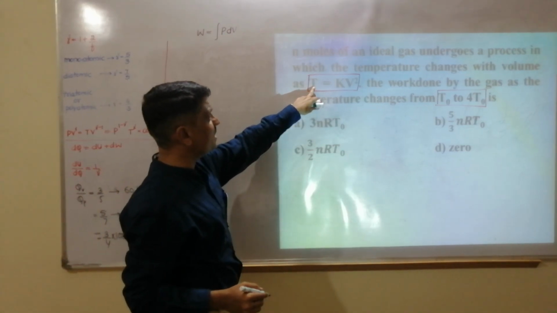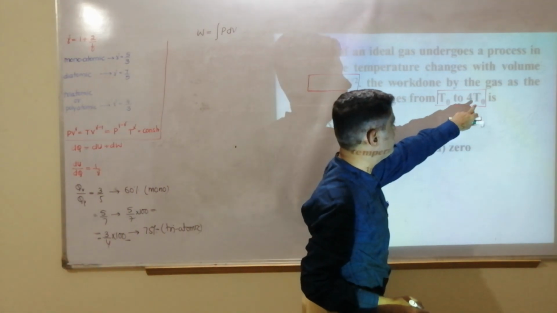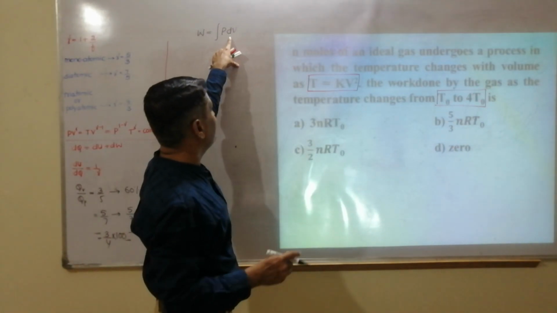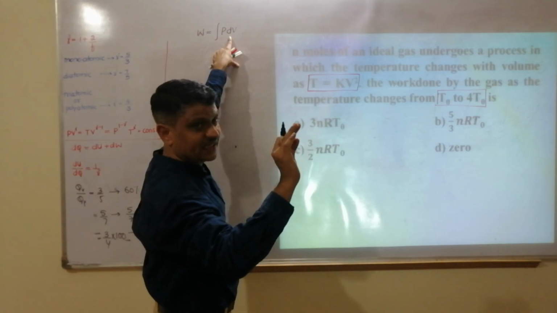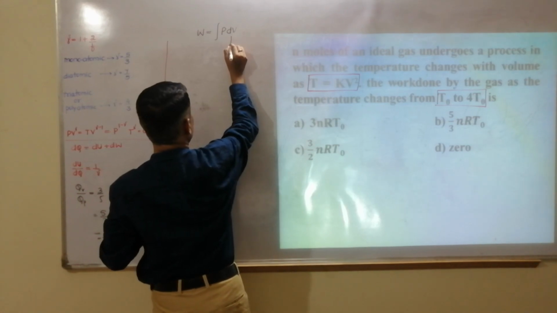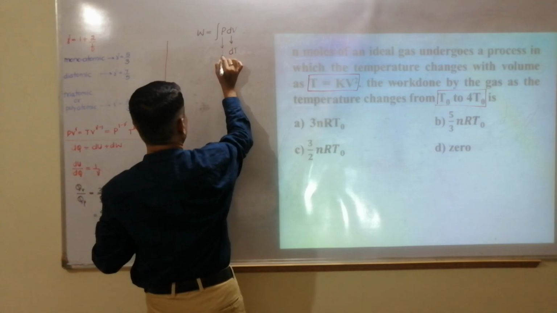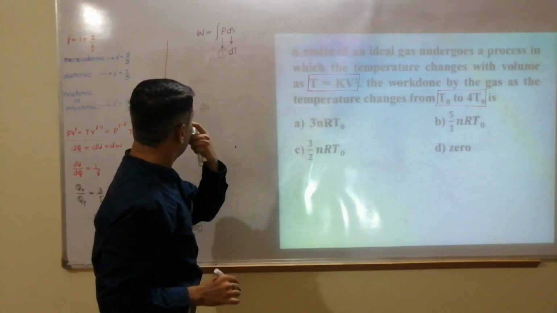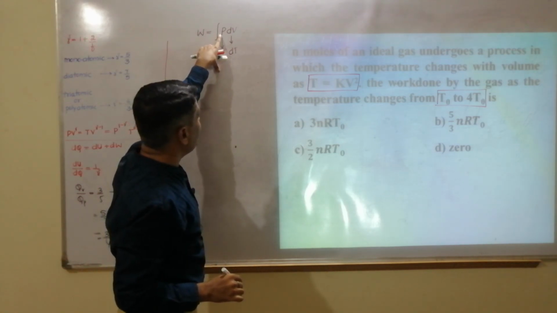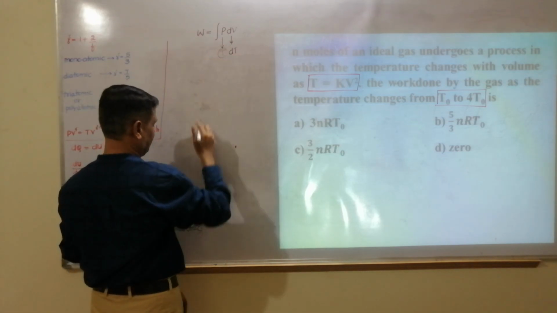Here the given is T equal to this, but the change is in T. Means instead of dV we want dT. Instead of this we want it in terms of T. Means today I have to remove P as well as dV.